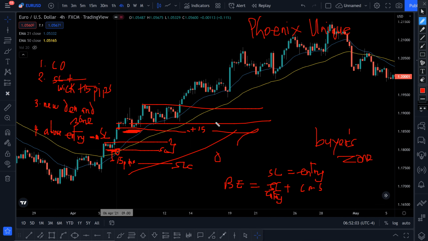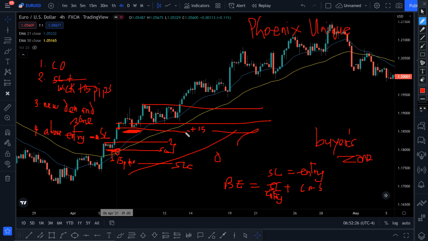Okay, let's do it this way. Crossover, 1. Wick plus 15 pips will give you your stop loss, 2. New demand zone when it's formed, you trail your stop loss. Your stop loss will now be that place where your entry was.